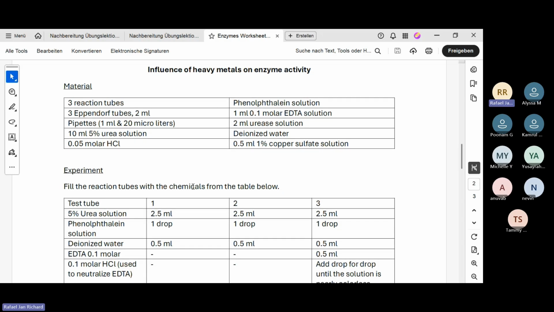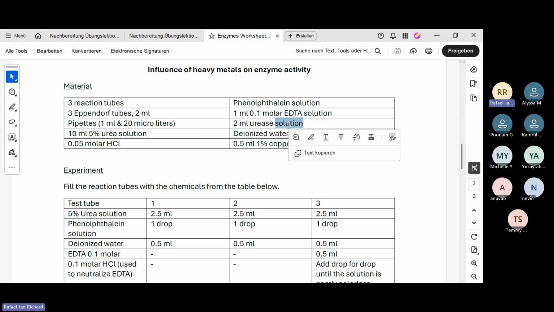As you can see, it is again pretty similar. Now it is a bit more complicated with a few more steps. So you need EDTA solution, which can neutralize the copper sulfate, so it doesn't harm anything anymore.